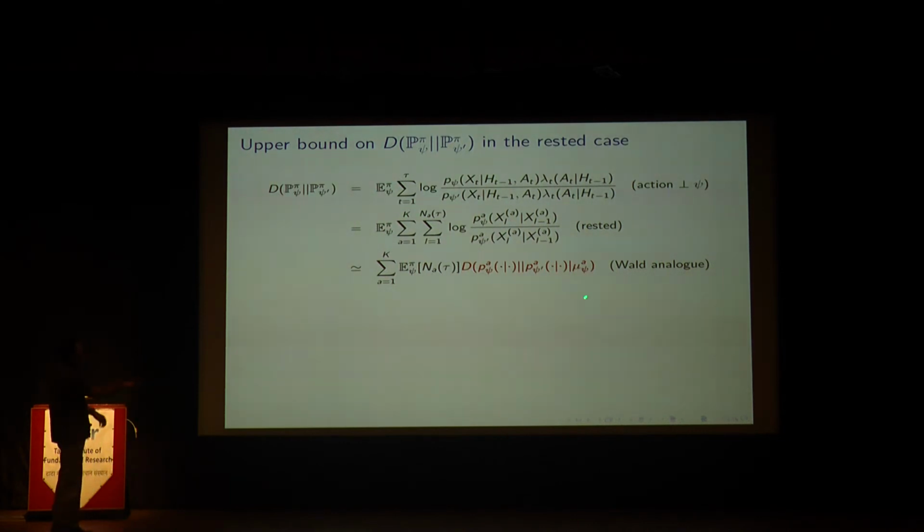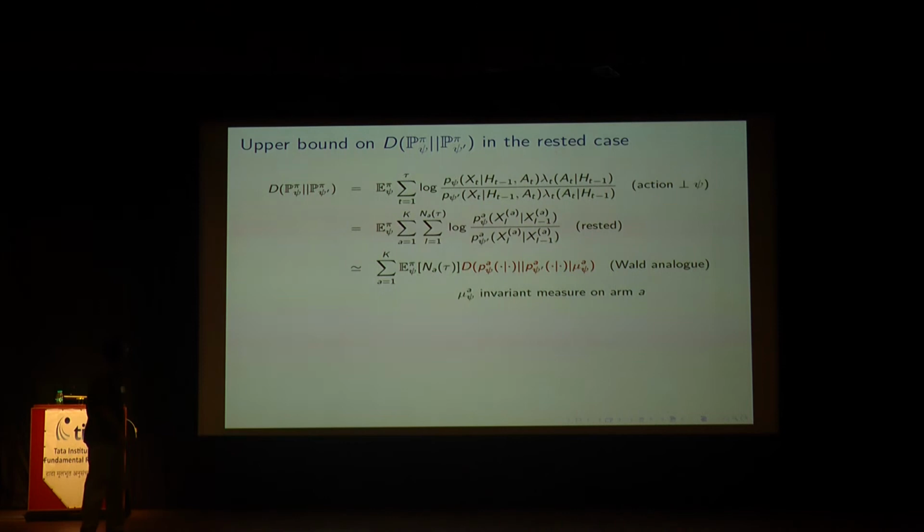But the averaging will be with respect to the empirical measure of observations, which in this particular case will be the stationary distribution of the Markov process. And so you will get an average relative entropy averaged with respect to the invariant measure associated with this arm. And of course, there is the number of times that you pull this arm that comes in.